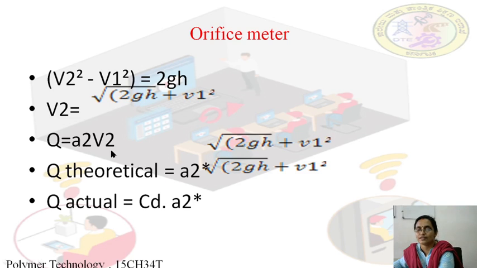Now the discharge Q is equal to A2 into V2. The theoretical discharge is A2 into root of 2gH plus V1 squared. For the actual discharge, we multiply by the coefficient of discharge: Cd into A2 into root of 2gH plus V1 squared. There is a slight shift in the formula, sorry for that.